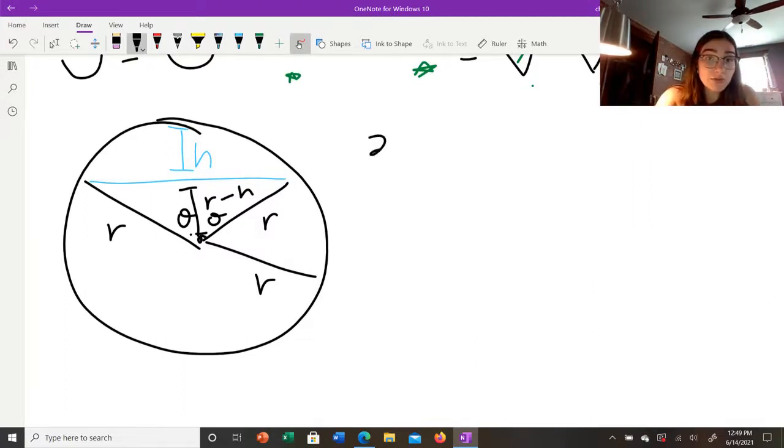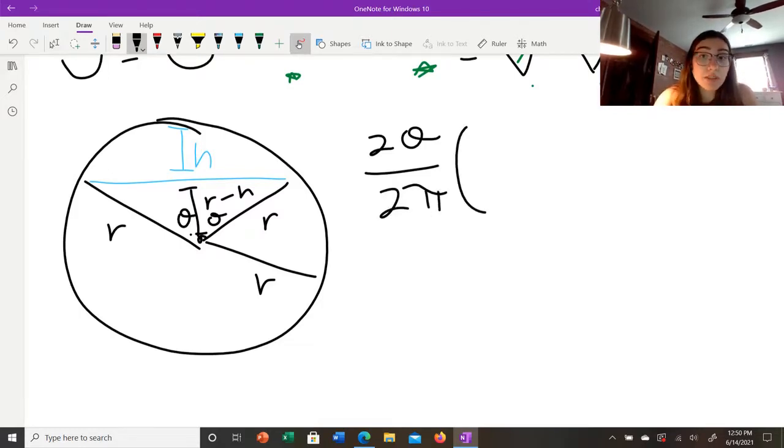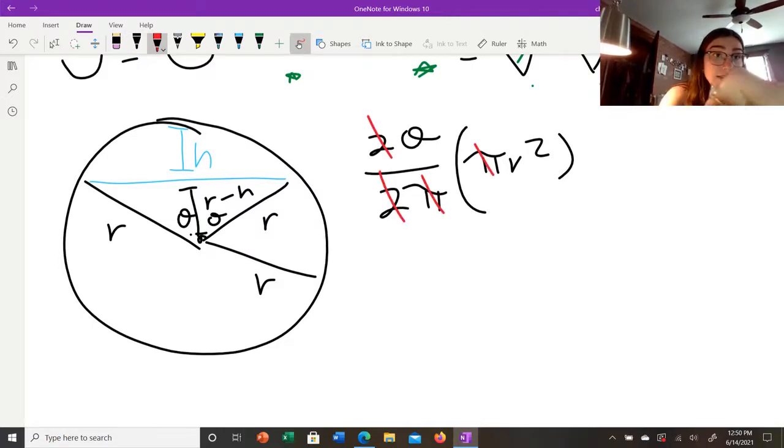So we're going to have 2 theta, and that is over the total amount of radians in the circle. So that's just 2 pi radians in the circle. And then we're going to multiply that by the total area of the circle, which we know is pi r squared. There's some canceling that goes on with our 2's and with our pi's. And we have the fraction being theta r squared.